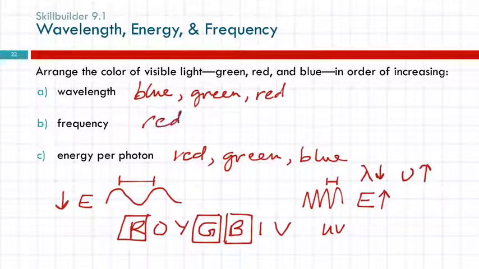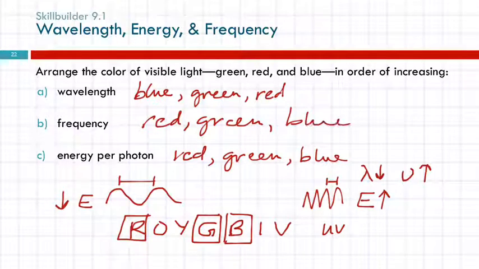So red is the low frequency, green is middle, and blue is higher frequency. So you can memorize stuff, or you can find some little tricks where you can just kind of think it out. And I retain that sort of information a lot better. If I draw pictures of waves and think, well, this one looks like it would have more energy, and I just reason it out that way.